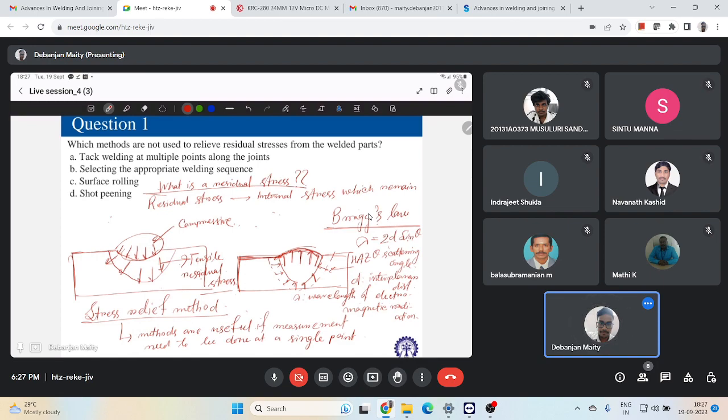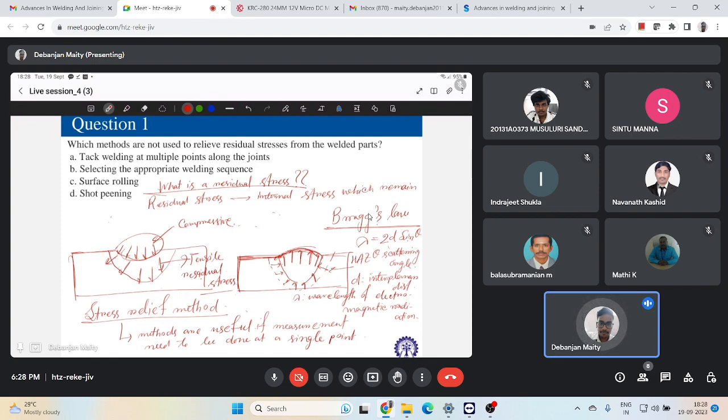Now, how can you reduce these residual stresses, or what are different techniques to minimize, of course, the distortion also? So these residual stresses, distortion, these things are interconnected. So to reduce residual stress, you can always select the appropriate process and procedures, the sequence of welding, the fixturing of your structure.